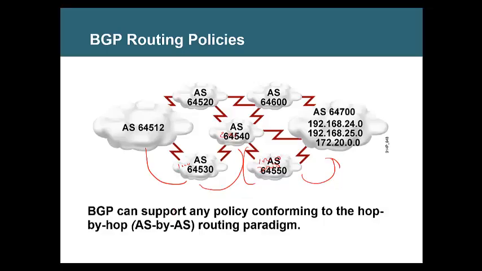No, because one hop is one autonomous system. It is not how many routers, it is how many autonomous systems, how many groups. Even if I have multiple ISPs, it will consider them as autonomous systems. Yes. Each ISP is an autonomous system.